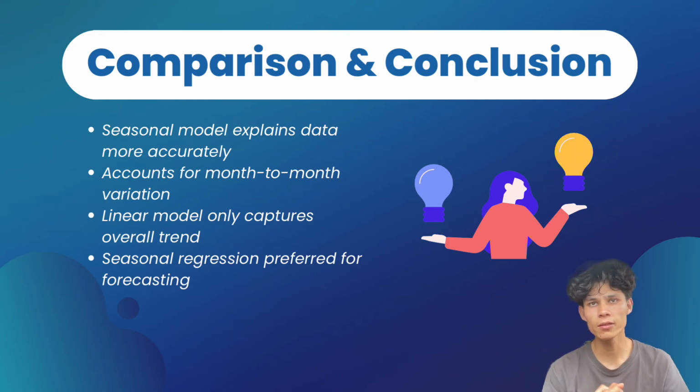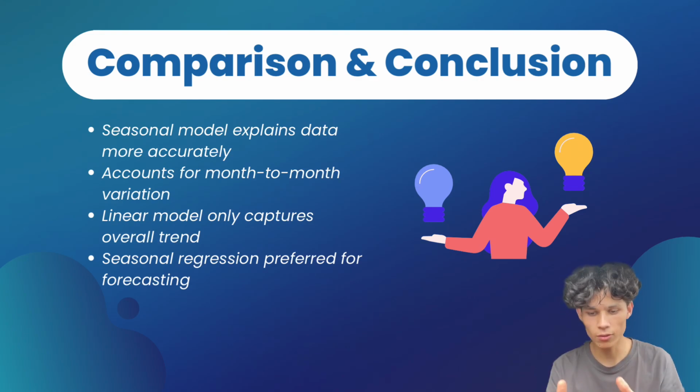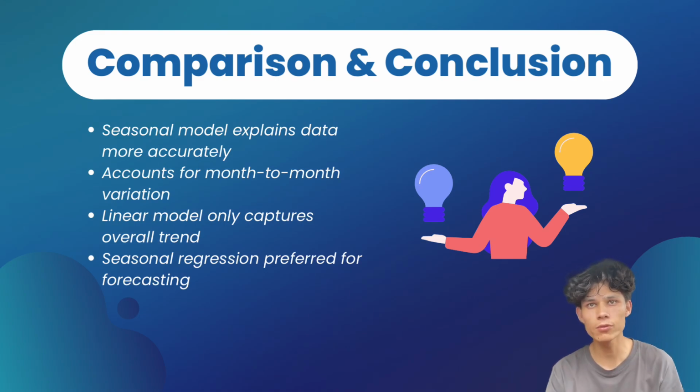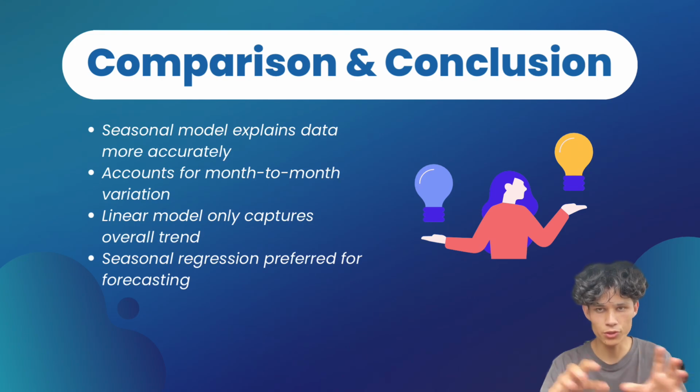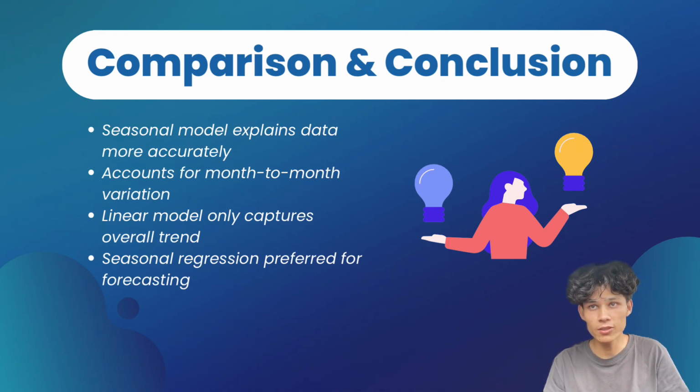So when comparing the two models, the seasonal regression provides a stronger explanation of variations in building approvals than the simple trend model. Although the linear model captures the overall downward trend, it fails to reflect the month-to-month changes.